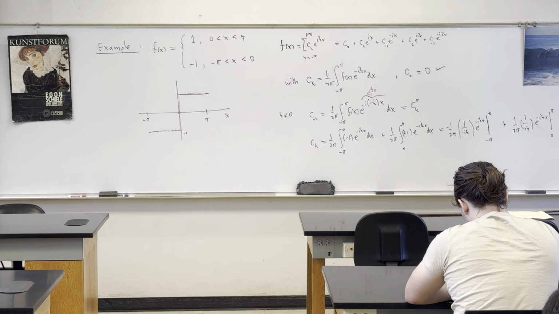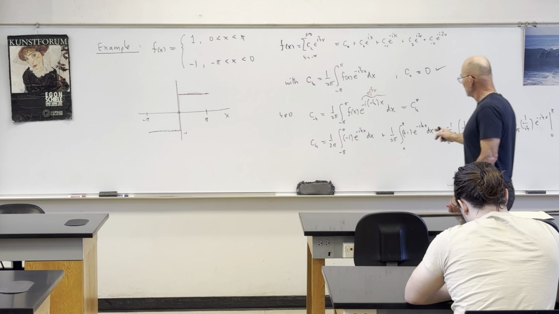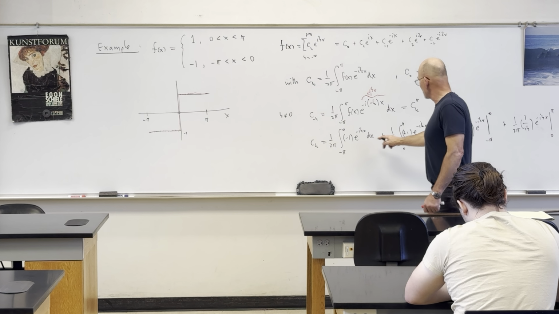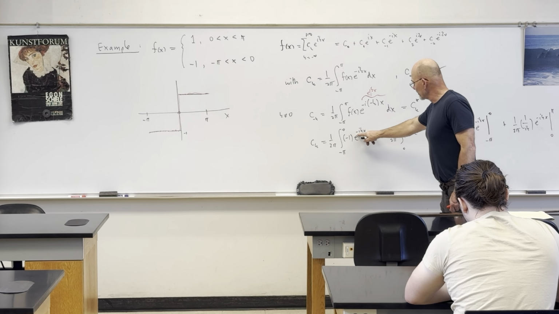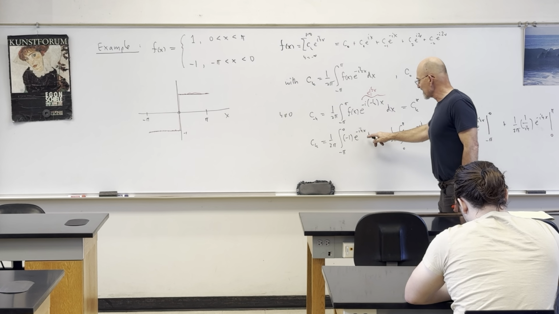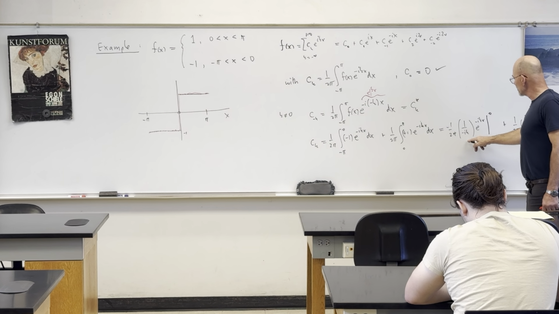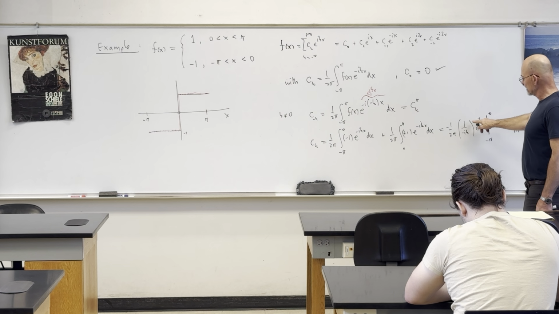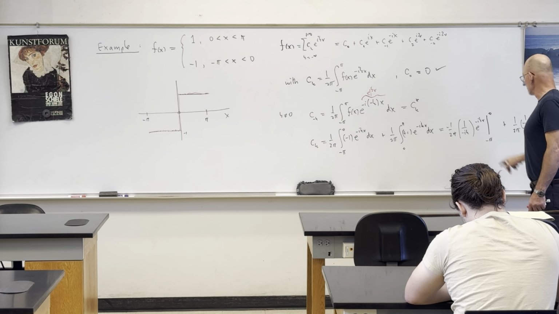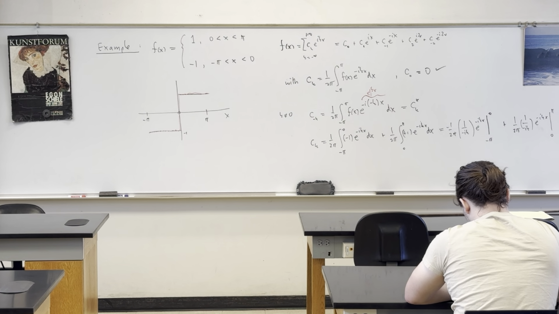So these have to be evaluated, and the integrals we just did, pulled a half out. Remember, e to the some number times x, 1 over that number, e to the same thing x, minus pi to 0. So this should be good.